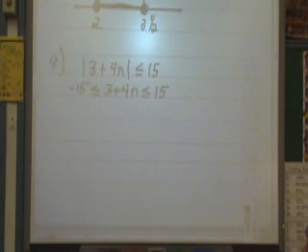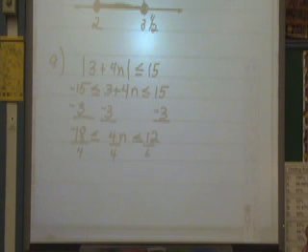Solve for n. You subtract 3 from all the sides, and you get negative 18 is less than or equal to, wait, okay, I messed up, negative 18 is less than or equal to 4n, which is less than or equal to 12.